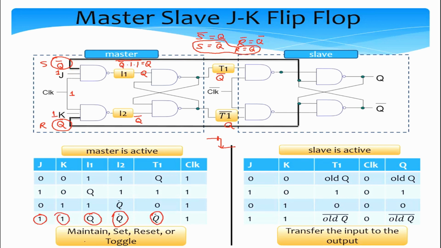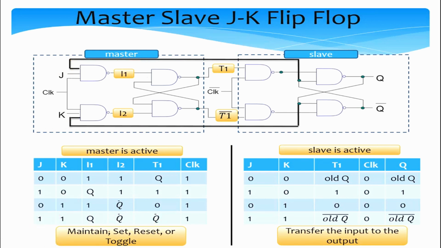Fair enough. So now let's again clean the screen. What we have over here is that we have looked at the point of time which is just before the negative edge, and at this particular point of time, for the 4 combinations of J and K: when J and K are 0, 0, we maintain the value.